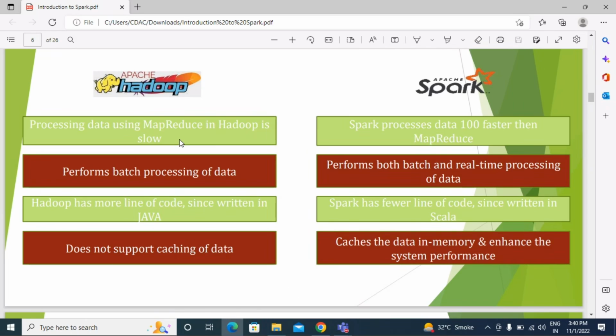So there are multiple read-write operations being carried out. That's why the processing is slow. Spark is 100 times faster compared to MapReduce because of in-memory processing. Once we pick the data from the storage space, we keep it in memory and process it there only.